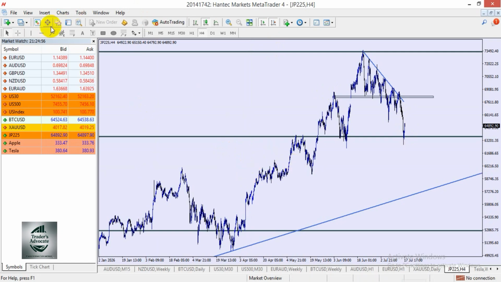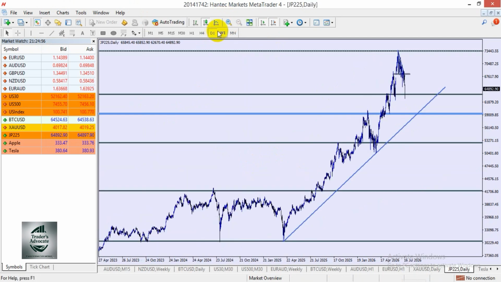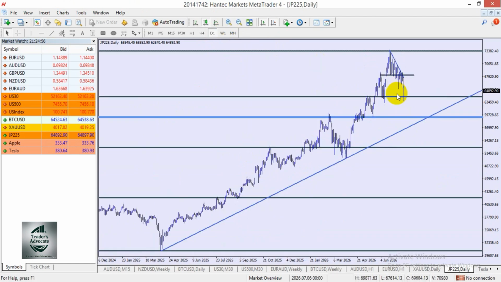If I see a proper breakout of this area and a retest of here, we might come in here before pushing all the way to the upside, maybe to do a touch of this trend line.